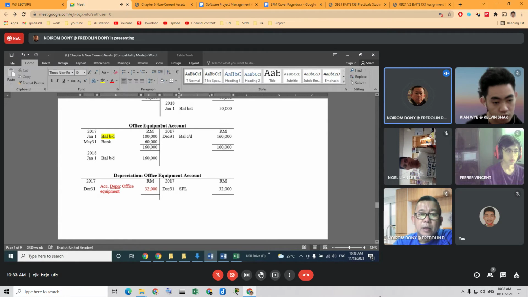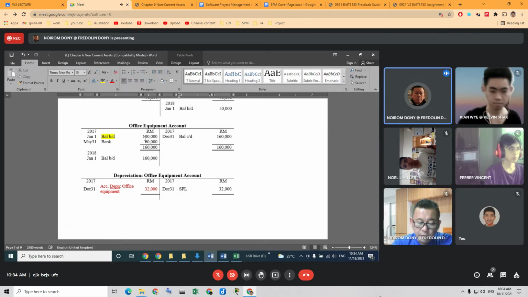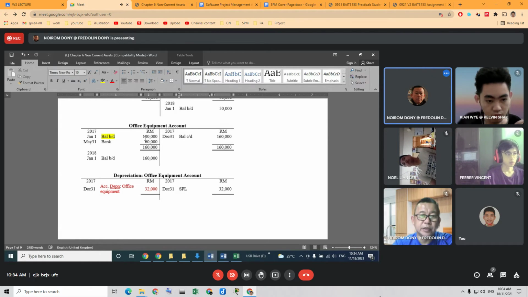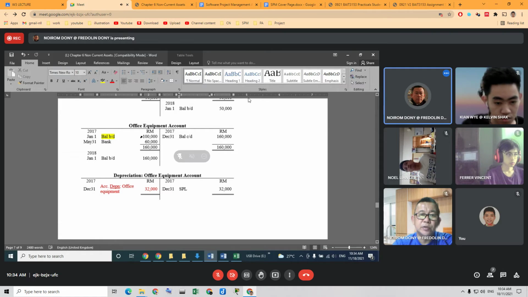Now, office equipment, the opening balance is different because of note number 2. If you look at note number 2, office equipment at cost includes 60,000 new purchases. So when we have the opening balance for the office equipment, of course, it's 100,000.